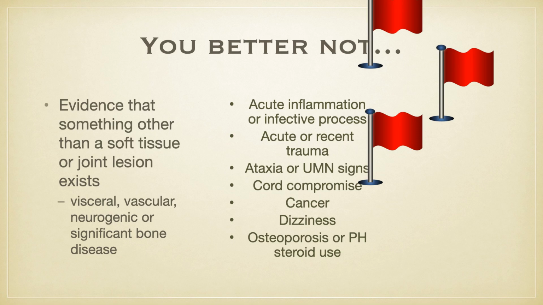It could be something like ankylosing spondylitis, just a number of different presentations. If there's any acute or recent trauma and they haven't been appropriately screened or imaged, they need to get that done. Ataxia, upper motor neuron signs, some of these things go without me having to belabor the point, but we want to make sure that we get that person screened out before we do any kind of manual therapy on them.